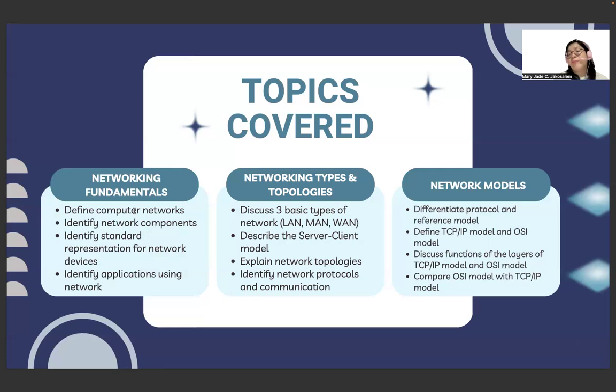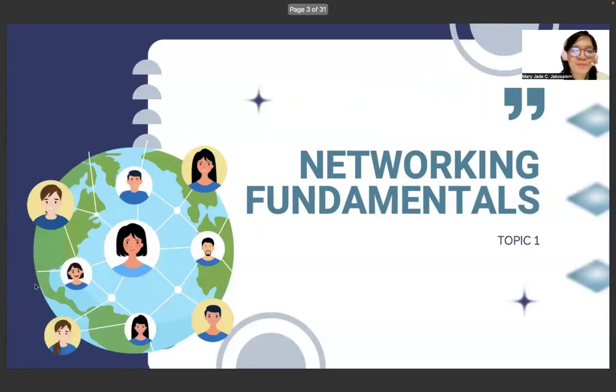First is to differentiate protocol and reference model. Second is to define the TCP/IP model and OSI model. Third is to discuss the functions of the layers of the TCP/IP model and OSI model. And last is to compare the OSI model with the TCP/IP model. So I guess we can start.